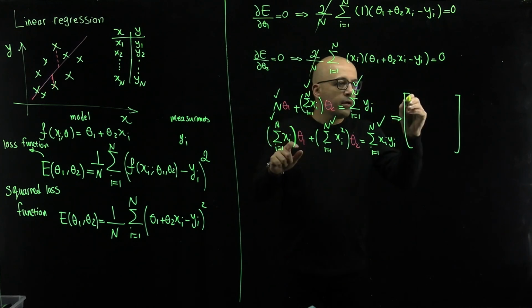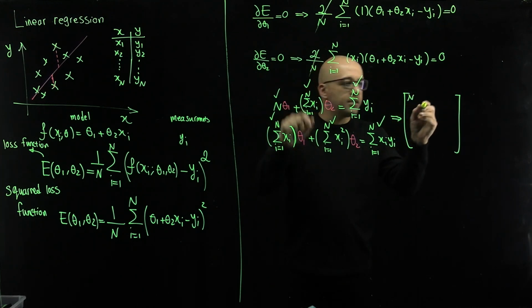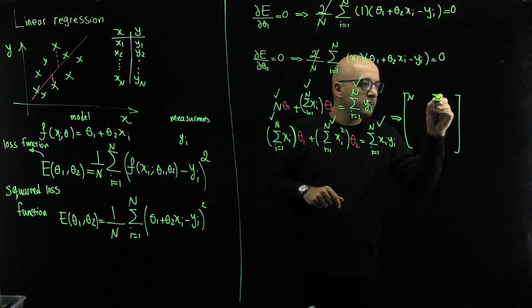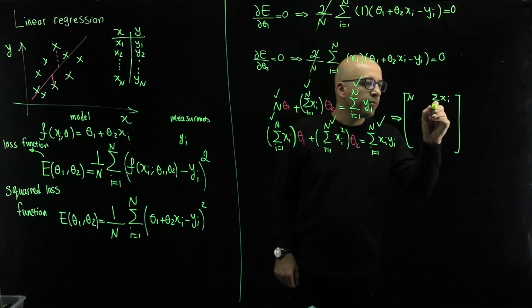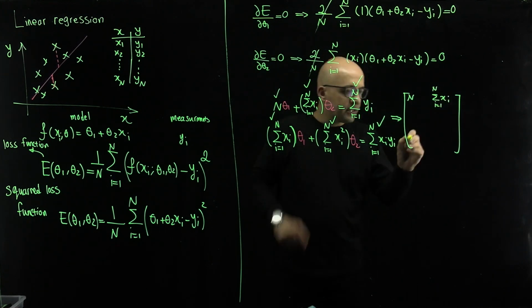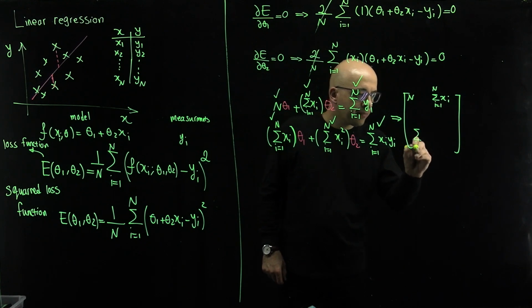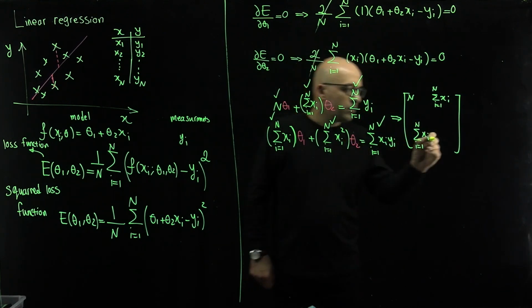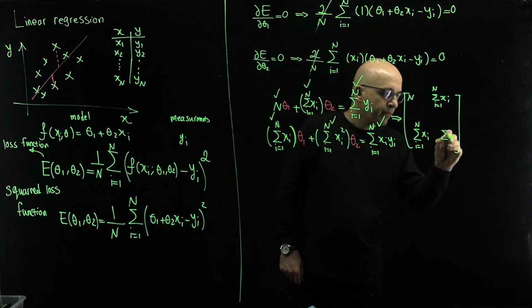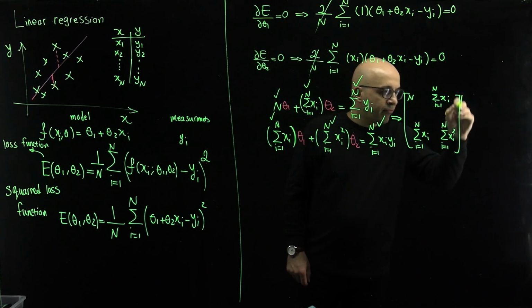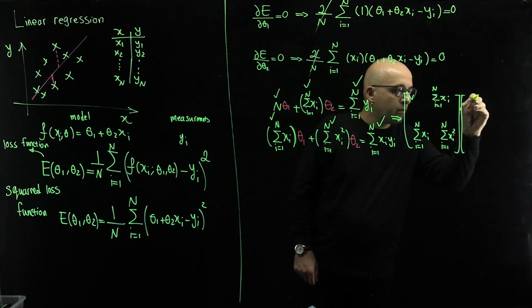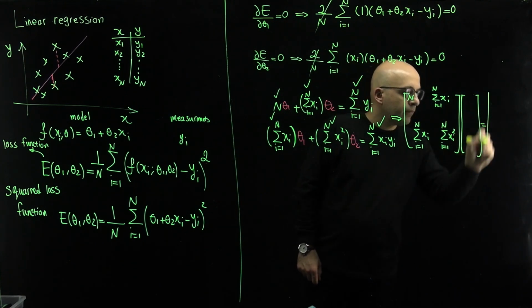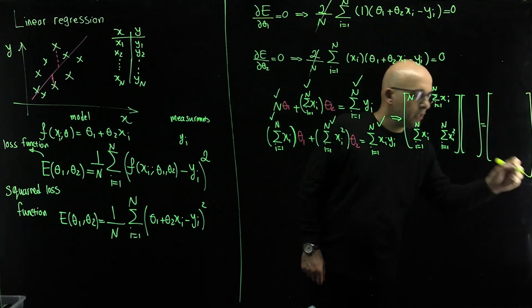So here, this is n, and this is the coefficient of theta 2. So this is summation of xi, i equals 1 to n. The same term shows up here. And this term shows up here. And then we have the unknown vector, and then we have the right-hand side.